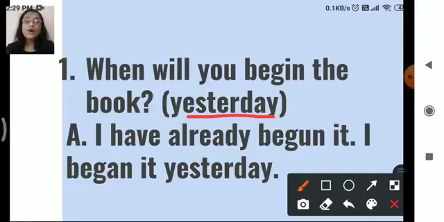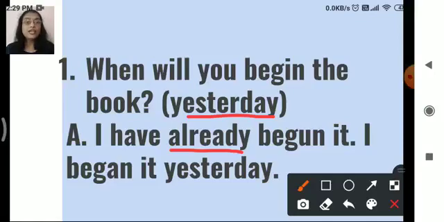I have already begun it. So what have we done here? What were we told to do? We were told to use the word already. So we have used here I have. We always use have in front of I. So, I have already begun it.